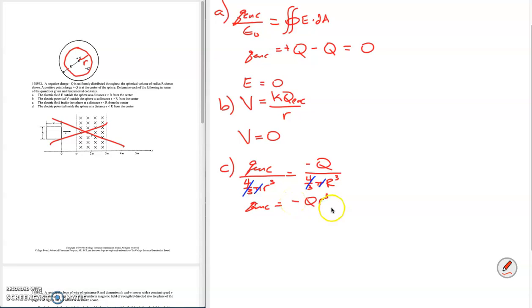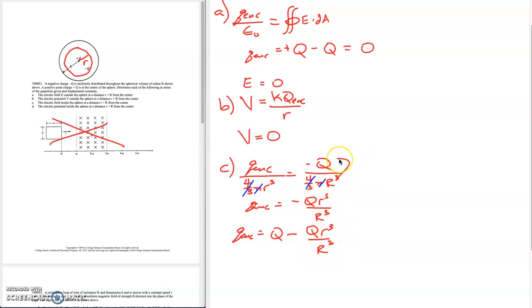It will be the ratio of the cube of the radii. Now, that's not all of the charge, because we have this plus charge here at the center. So Q enclosed actually is going to be the plus charge at the center, and then the ratio of the negative charge and ratio of the r cubed here.